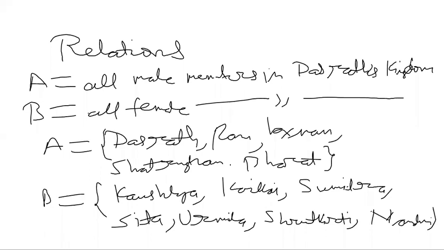Now, if we are taking a relation R, such that R represents was husband of. So what does it mean? Now I am moving to the next page. See what the relation will be.